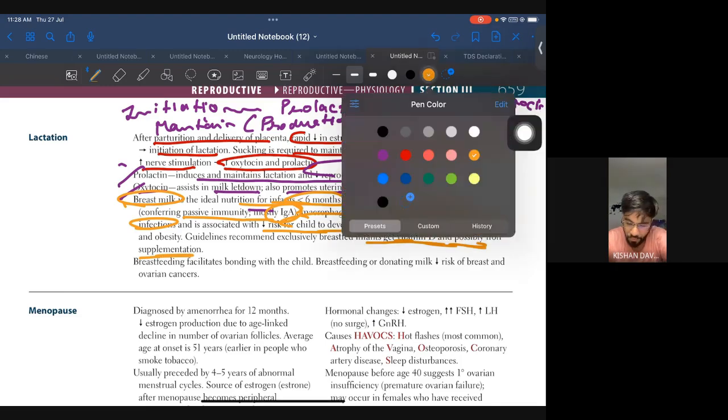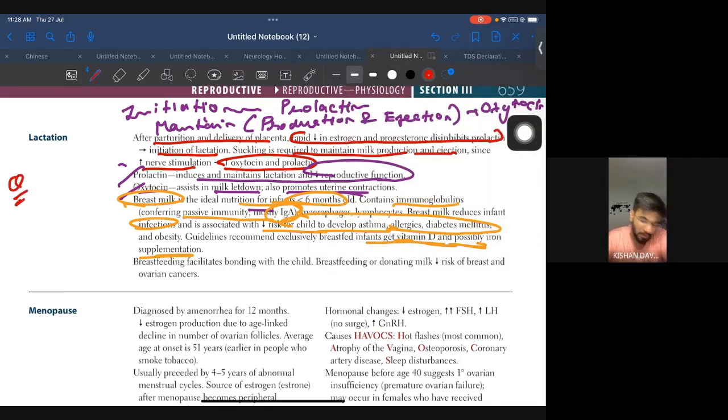Now there are two questions over here. In ethics, they may give you a case where a female came with a 2 to 3 months old baby and she was against breastfeeding. Now they ask what you should suggest to the female.